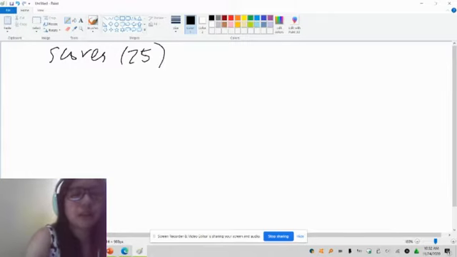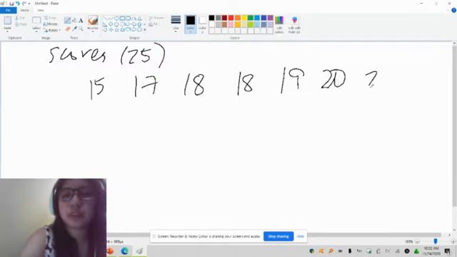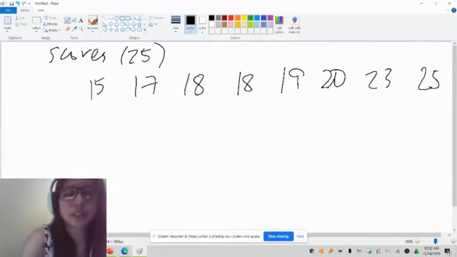The scores of the students, arranged from lowest to highest, are 15, 17, 18, 18, 19, 20, 23, and 25. If we are computing for the first quartile, that is Q sub 1, it is 1n over 4.